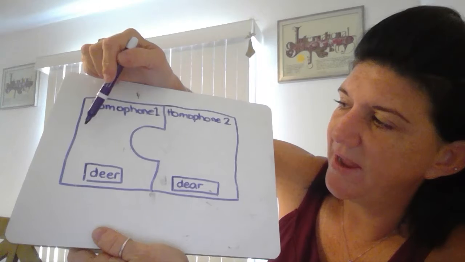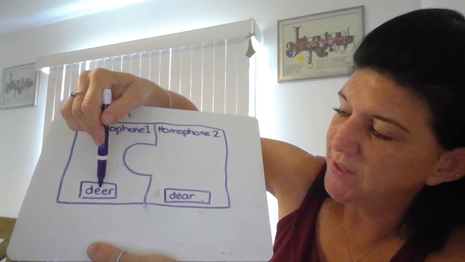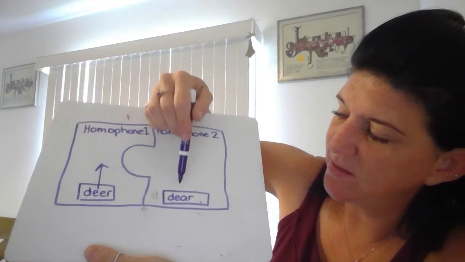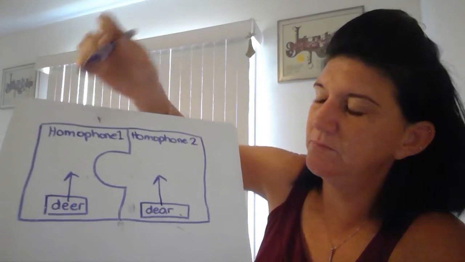And then I'm going to write the sentence going across the top. Now I do want to make sure that this deer falls into this box and that this deer falls into this box. You can make up a sentence for each one of those words.